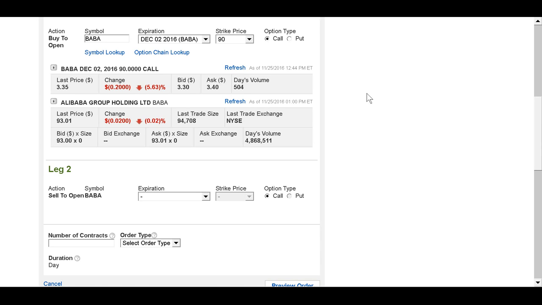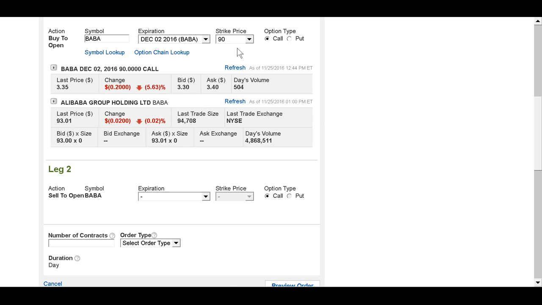Okay, so let's say you owned a $90 strike Alibaba call option, expiring in 1 week on December 2nd, 2016. Again, we're pretending Alibaba is currently trading at $93 a share.